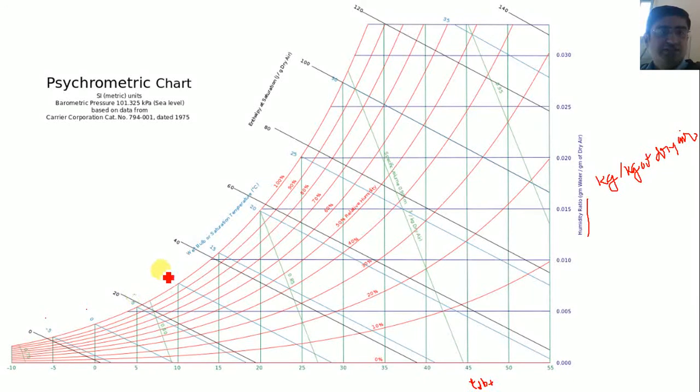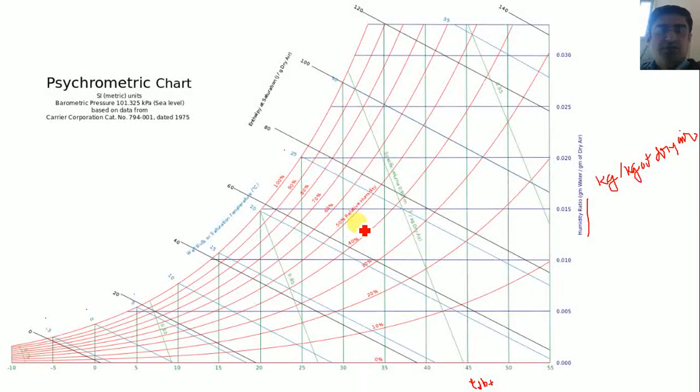Here is 5 degree, 10 degree, 15 degree line, 20 degree line, the 25 degree line, the 30 degree line, and the 35 degree line. So you can see the values of wet bulb temperature indicated by these inclined lines.